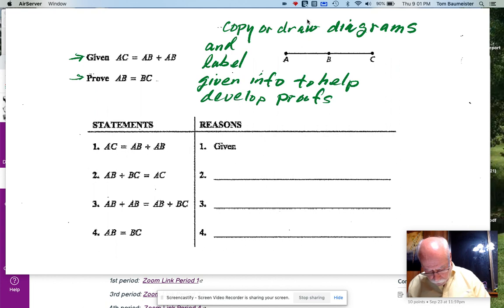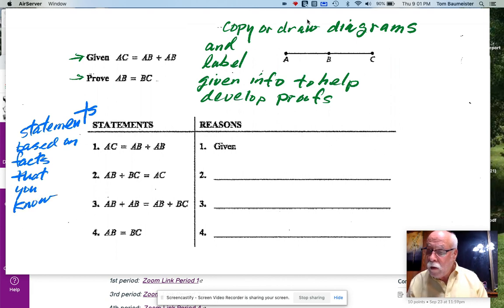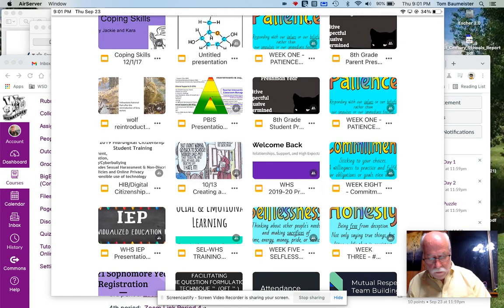Remember what I just said, but we're going to go ahead and rewrite it. Statements are based on facts that you know, or on conclusions from deductive reasoning.